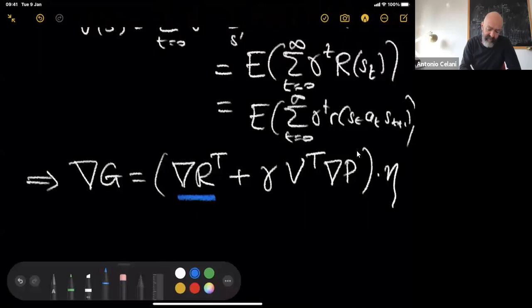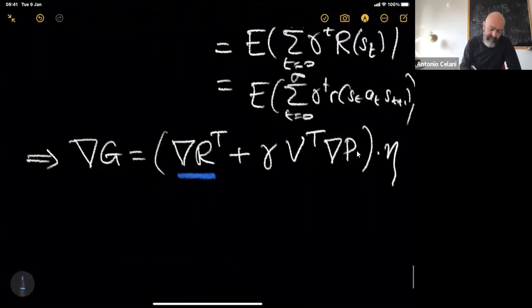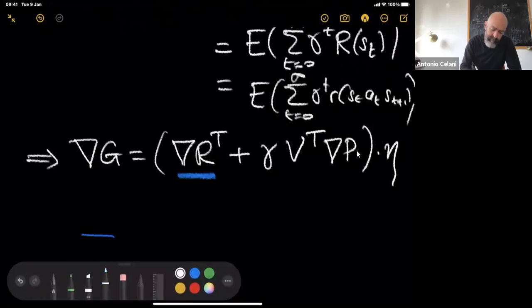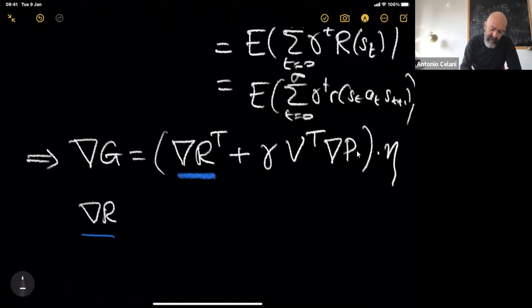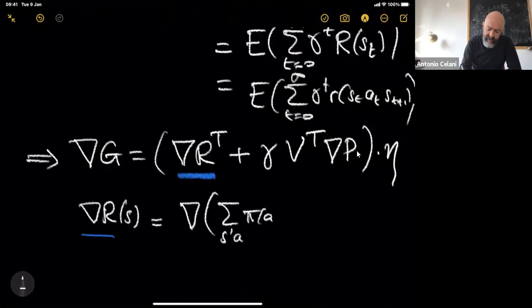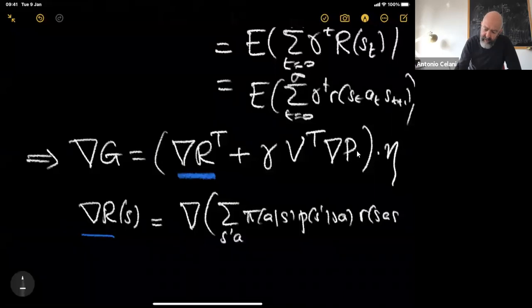Start from this. So what is grad R, component S? Well, it's the gradient. I use the definition, which is the sum over S prime, A of pi(A|S) E(S prime|S,A) times r(S,A,S prime).